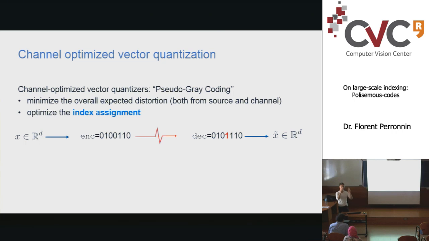There is no reason why centroid 0 should be closer to centroid 1 than to centroid 255. If you optimize the assignment, what you want to enforce is that centroid 0, which is encoded, for instance, as 0, 0, 0, 0, 0, 0, 0, 0, 8 zeros, corresponds to a centroid which is close to the centroid of 0, 0, 0, 0, 0, 0, 0, 1.